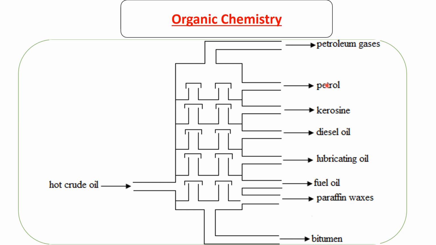Petrol has a slightly higher boiling point and separates second. After petrol, kerosene follows, then diesel oil, then lubricating oil, then fuel oil, then paraffin waxes, then bitumen. So bitumen has the highest boiling point.